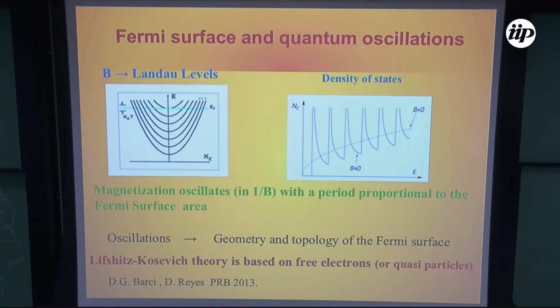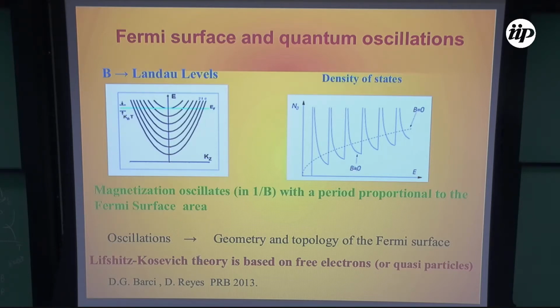And from that, you take this relation between oscillations and geometry. And of course, this technique worked very well for normal metals. I mean, indeed, this is from the 50s. From the 50s, people used to measure Fermi surface in that way, in normal metals.